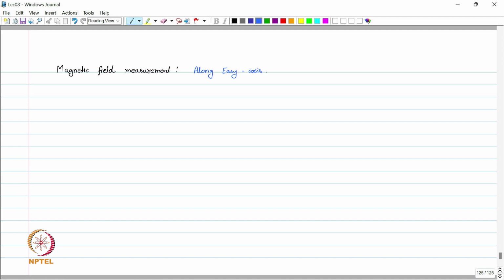So when a field is applied along the mechanical length, then it is along the easy axis.